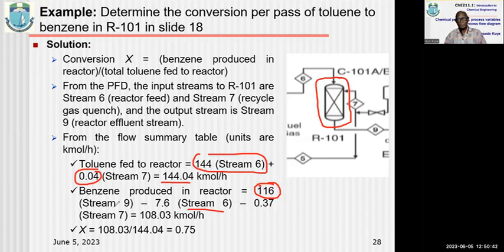So we also subtract that from it. And on that basis, we can now see how much is leaving the system. Since we've been able to calculate the benzene that is leaving the reactor, our X will just be this amount divided by what has come in.